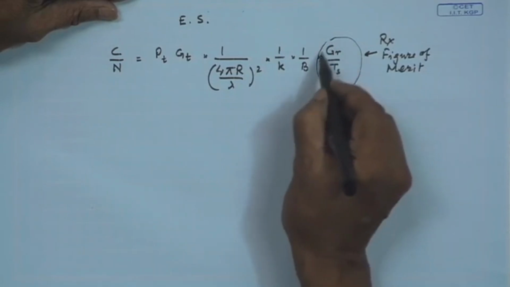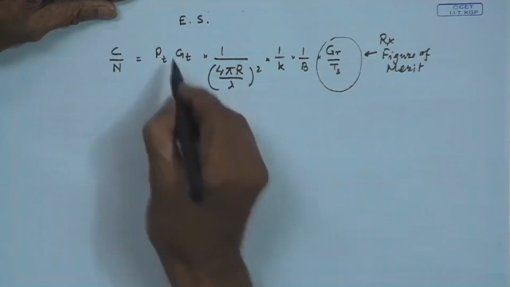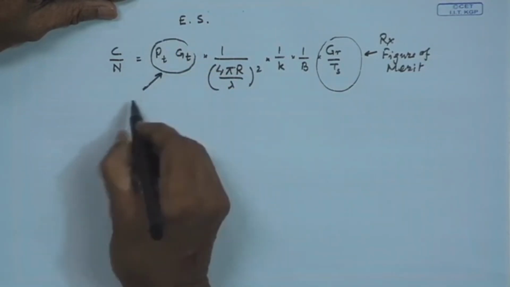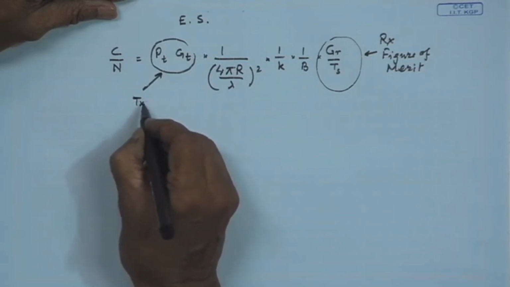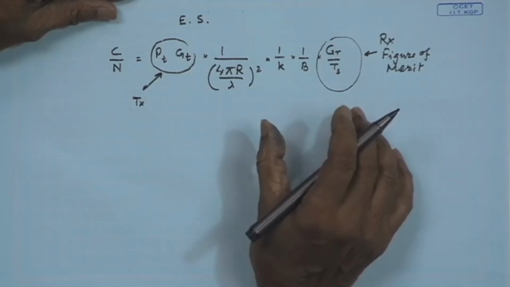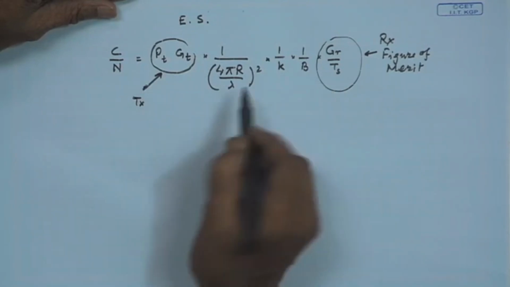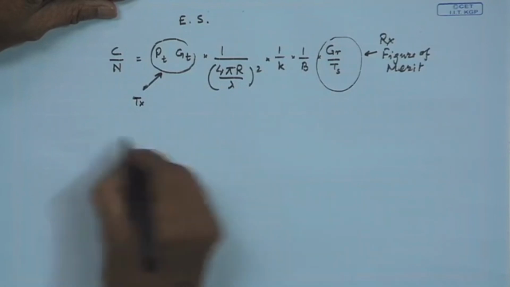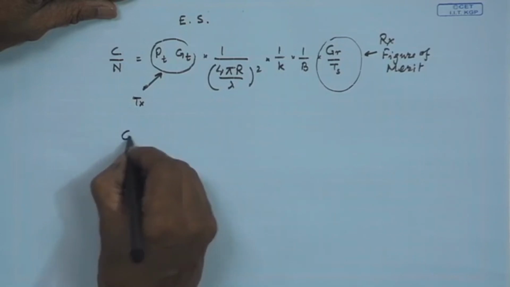So, the performance of the receiver is seen from here, and these two units, that is Pt and Gt, talk about the transmit system of the station. Now, to know the performance of the station, we must know how do we measure this thing. So, let us go into a topic which is called G by T.